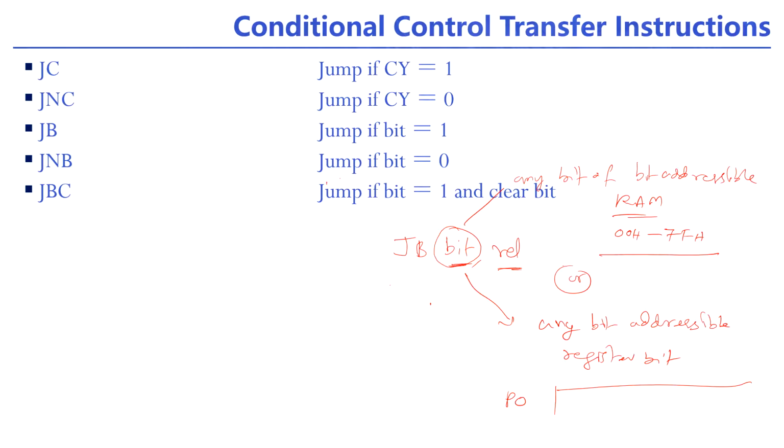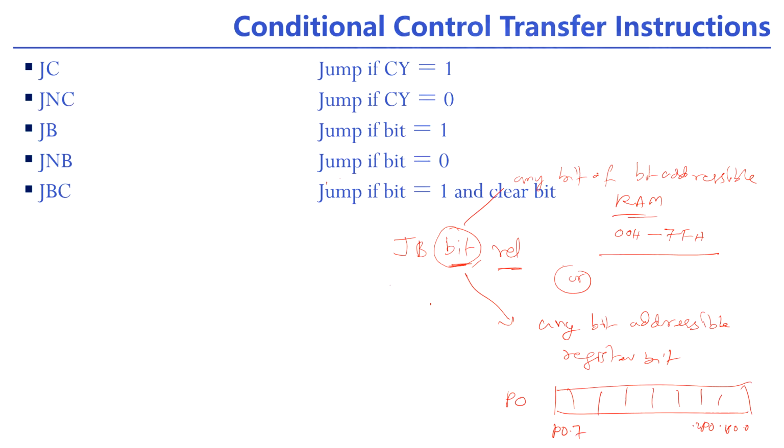Port 0 has 8 bits. This is port 0.0, this is port 0.1, 2, and so on, up to port 0.7.